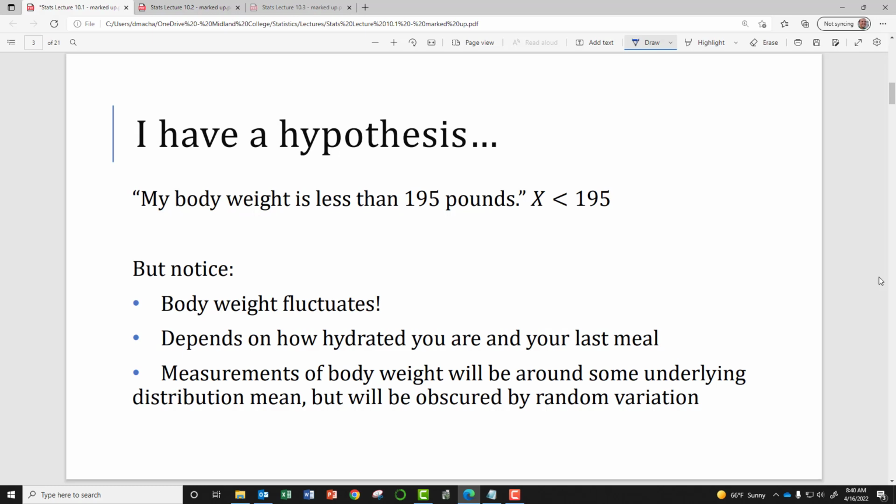But whether you're dehydrated and your body weighs a little bit less, or you're really well hydrated and your body weighs a little bit more, we know that the measurements of my body weight are going to be around some underlying mean, as long as I'm not really dramatically dieting or really dramatically putting on weight. If I take my measurements for a week, they should all be around some mean. But of course, these are going to be obscured by that random variation we're talking about.